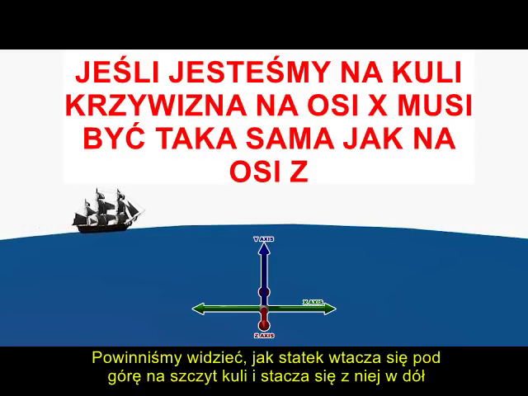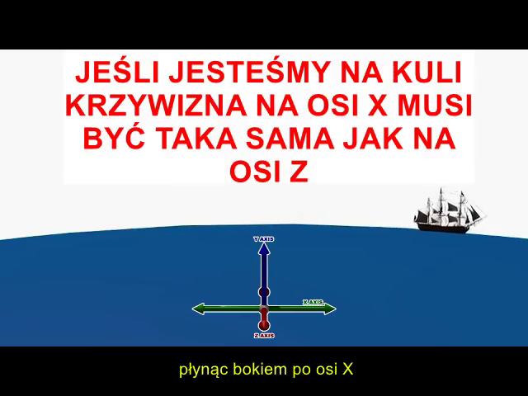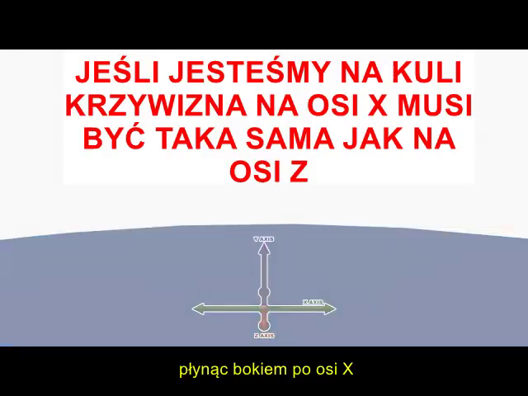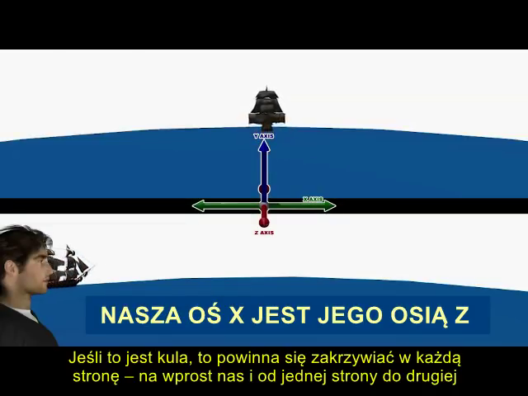You should be seeing ships rolling up to the top of the ball and rolling down on the lateral x-axis. If it's a ball, they got to be rolling both ways, away from you and side to side.